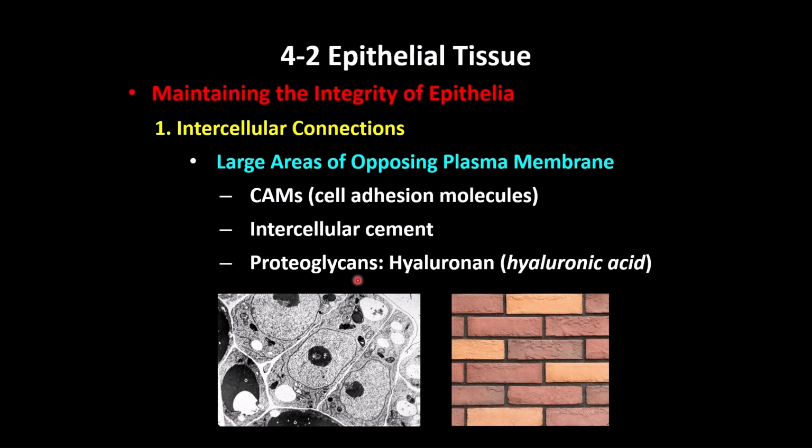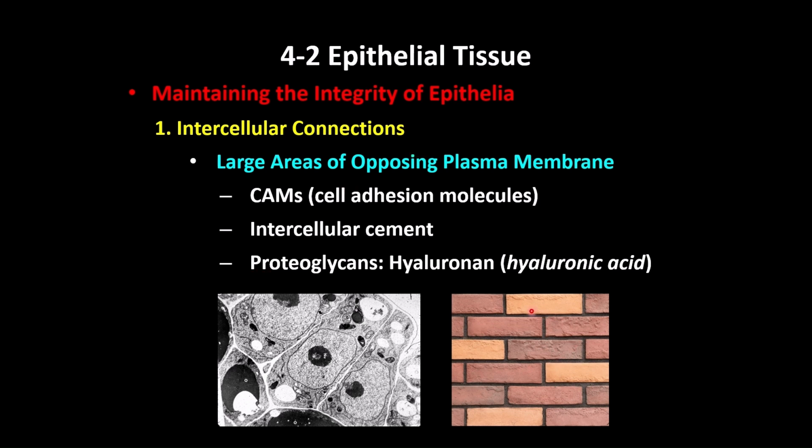One example of the proteoglycans is hyaluronan, or hyaluronic acid, a glycosaminoglycan or GAG, which is a complex carbohydrate. Proteoglycan itself is made of proteins, with some carbohydrates attached to it, and an example of that is hyaluronan.